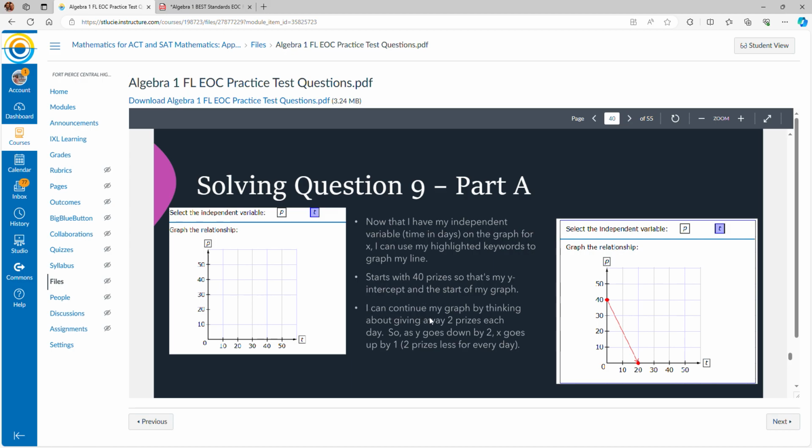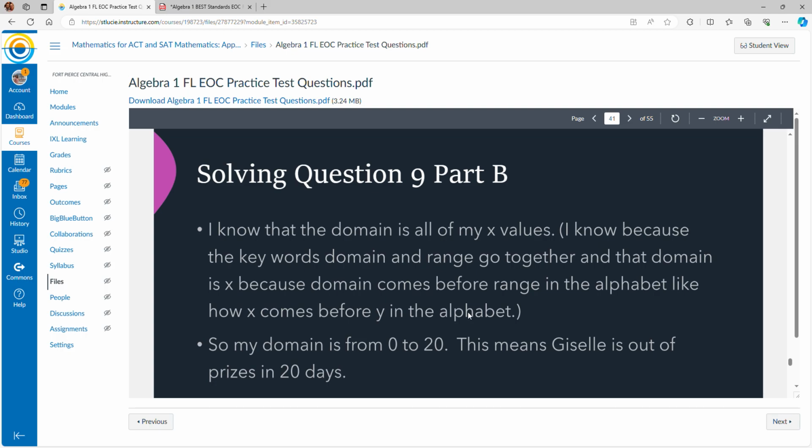And I can continue my graph by thinking about giving away 2 prizes each day. So as y goes down by 2, x goes up by 1, because we're giving away 2 less prizes every day. So 40, and then she's giving away prizes, so that her time is 20 days. She's out of prizes after giving away 2 prizes every day.